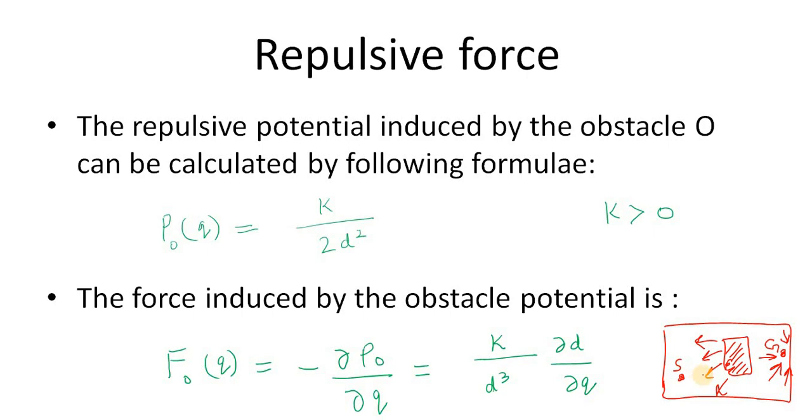This force can be calculated using this equation, and whenever your robot goes near this obstacle, it will feel a repulsive force and it will start moving away from the obstacle, and it will start moving toward the goal.